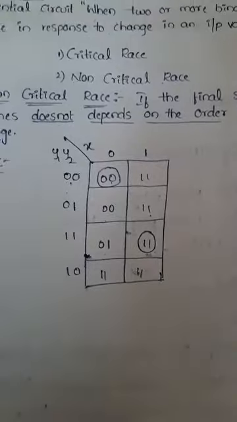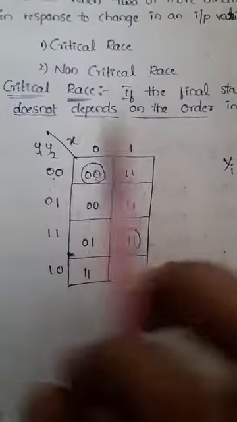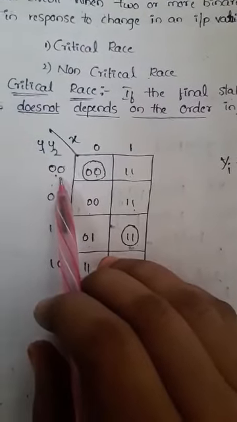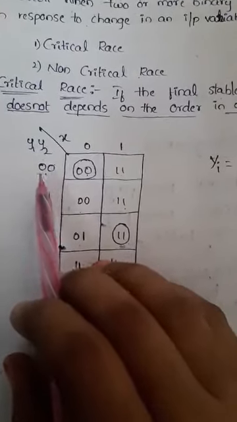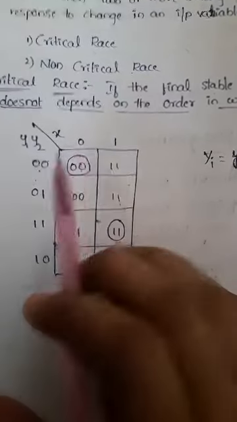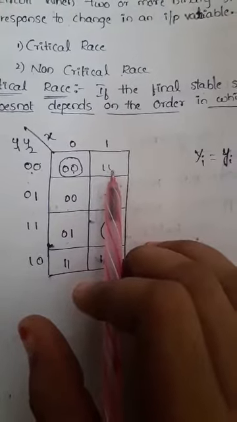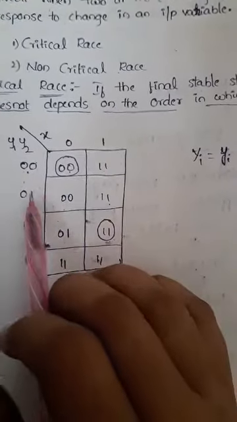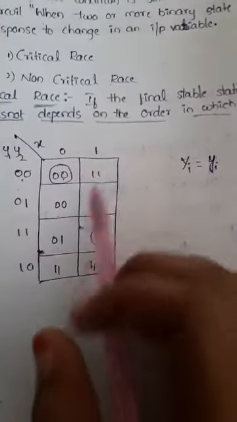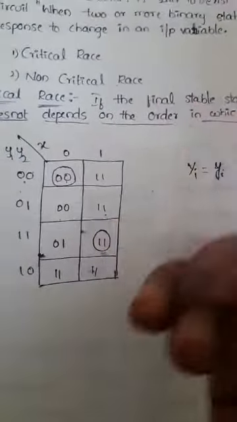So whenever the input variable changes, for example if I am taking y1 y2 as 0 0, then when the input changes from 0 to 1, we may get the value 1 1, right? Like this, if a 0 1 state changes, whether the output may be 1 1 or not, we need to check it.